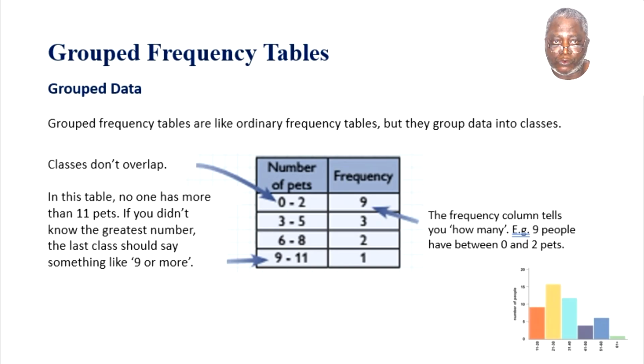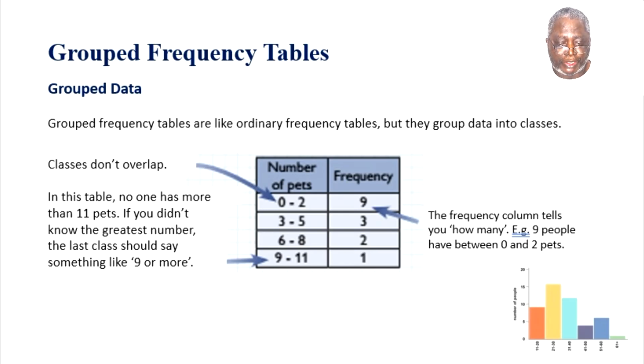There is no overlap. Overlap means if you look at 0 to 2, you cannot start the next with 2 to 5, that would be an overlap. You start with the next logical number. And the frequencies are the figures for each group.